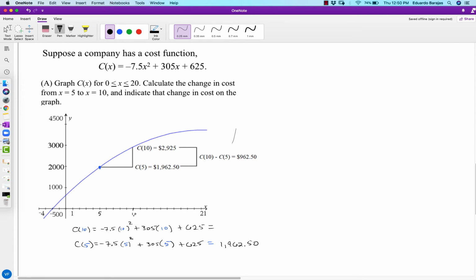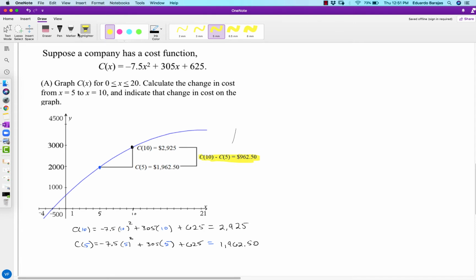Whereas this calculation, when we evaluate it at 10, it goes all the way up to there, and that becomes $2,925. If we subtract this number minus this number, we arrive at the difference, which is $962.50. Okay, so the change in cost when you go from producing 5 units to 10 units results in this. Let's highlight the whole thing.